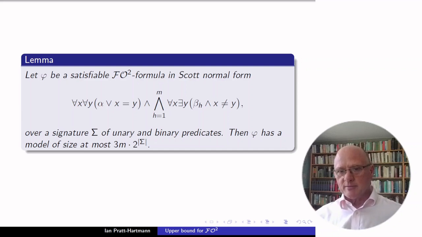So here's the lemma. Remember, we've been given a formula of the two-variable fragment in Scott normal form. It's got its universal constraints, it's got its witness requirements, and a signature of size, let's say S. We've got to show that if it's satisfiable, then there's a model of exponential size.